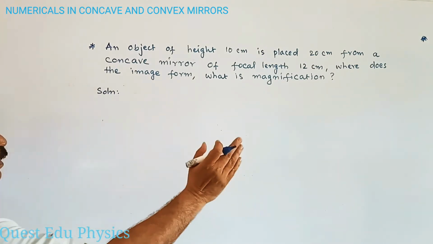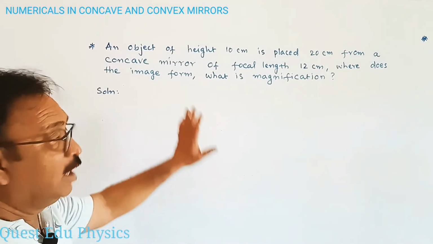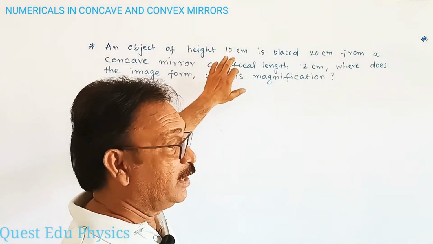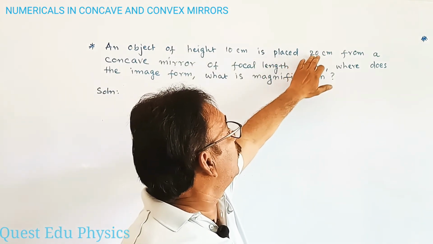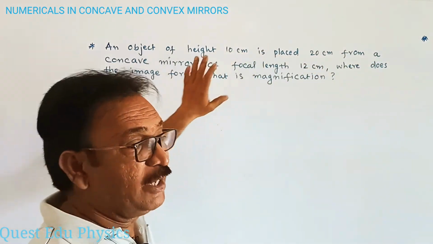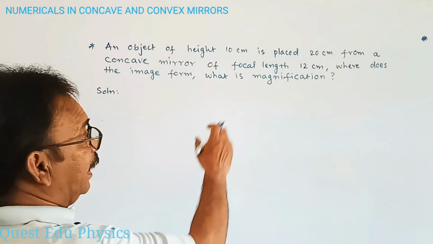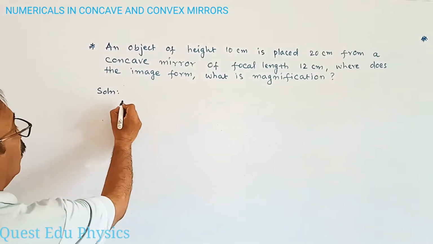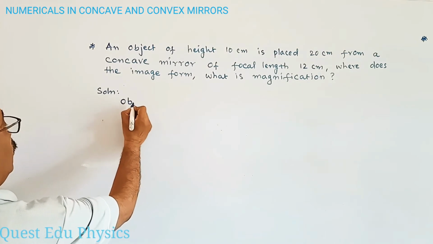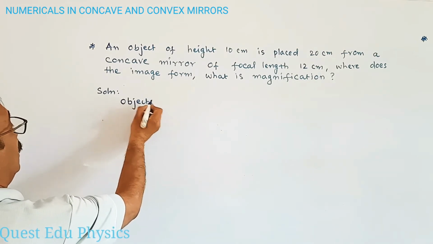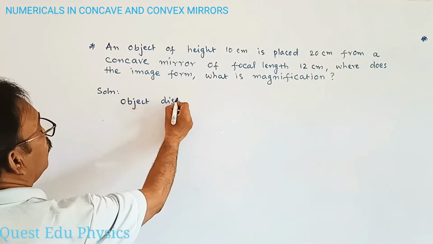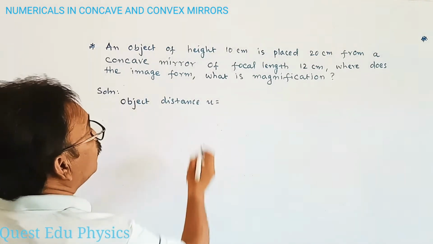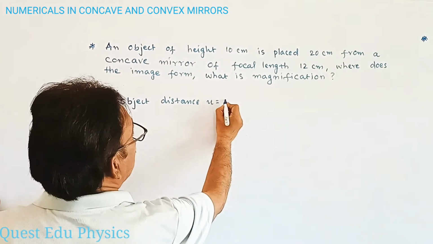First, we have to take the physical quantities given to us. He gave the height of the object, and placed it 20 centimeter from a concave mirror. That means he kept an object in front of the concave mirror. Given: object distance u is equal to 20 centimeters.